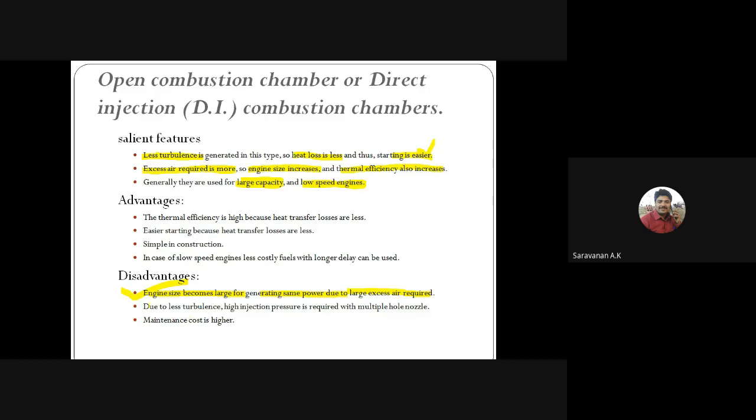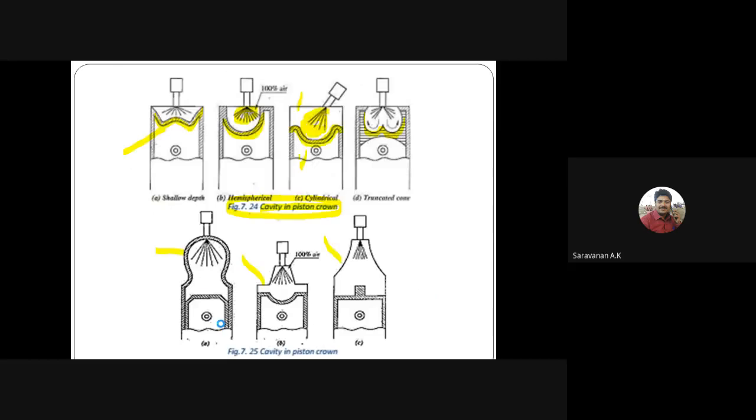The salient feature here is the less turbulence, so due to the less turbulence, a high direct injection pump pressure is required for the multi-hole nozzles, and the maintenance cost is very high. So these are the salient features, advantages and disadvantages of the open combustion chamber, or the direct injection.